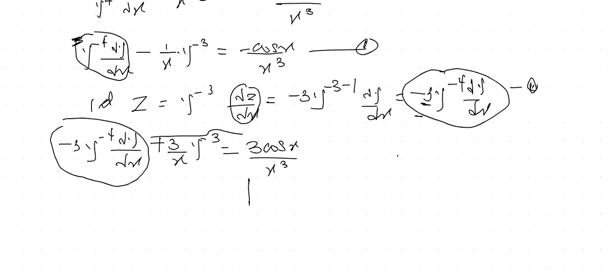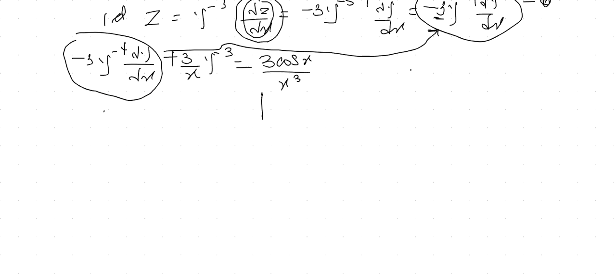So therefore, you can put this one in position of it. So let's do that. We are going to have that the whole of this is going to be dz/dx plus 3 over x times y raised to the power of minus 3, which is equal to 3 cos x over x cubed.